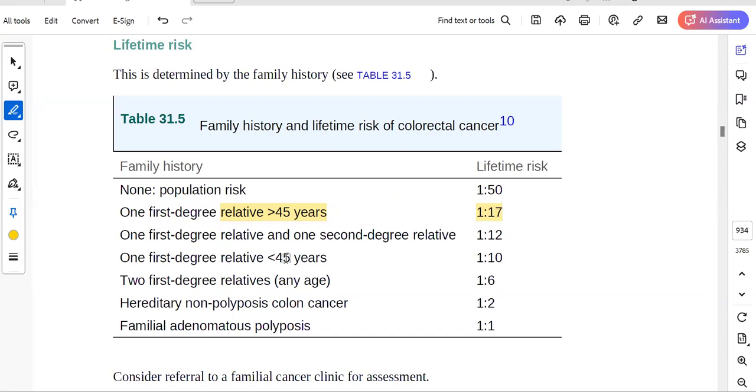One first degree relative less than 45, 1 in 10. Now have a look on here. HNPCC, 1 in 2. And FAP, 1 in 1. So these are very high risk patients to develop a colon cancer. Okay, remember this risk because sometimes they ask you.